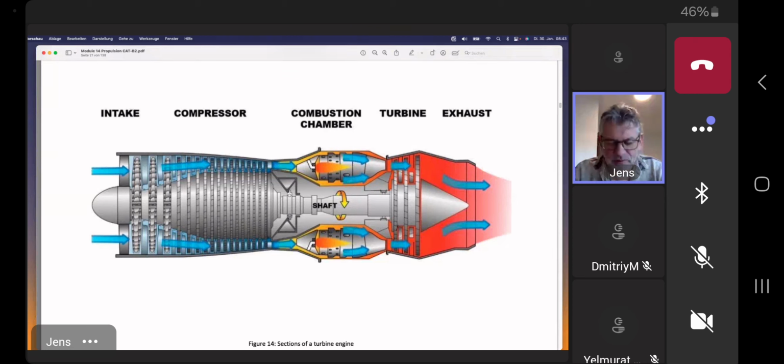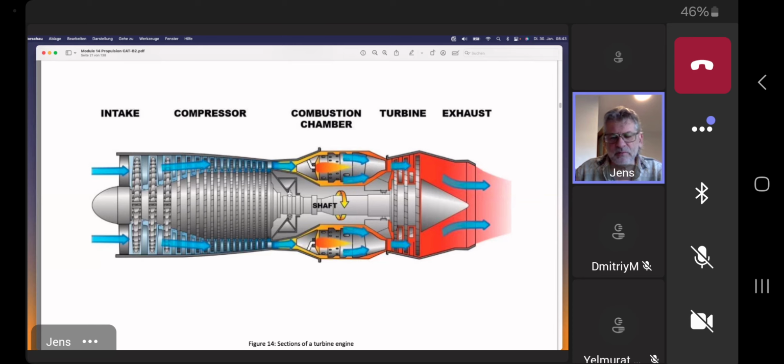Talk about compressors. You will probably remember there are 2 kinds of compressor designs. We have radial compressors and we have axial compressors. So the point is why there are 2 different kinds, and so both exist, so both make sense.